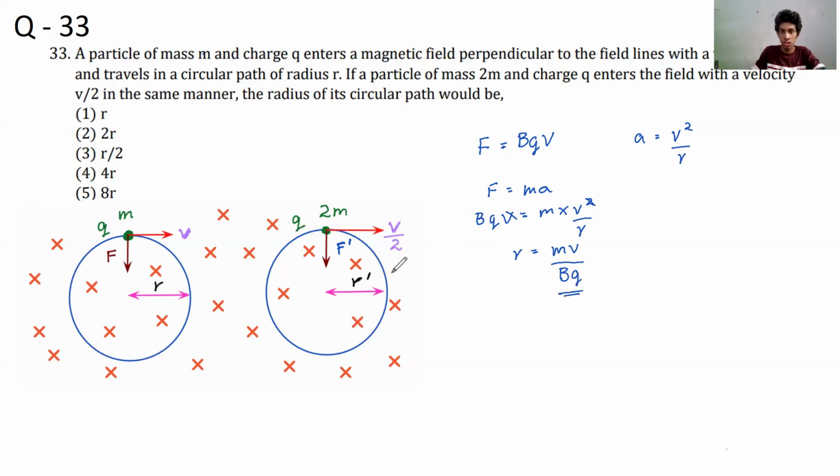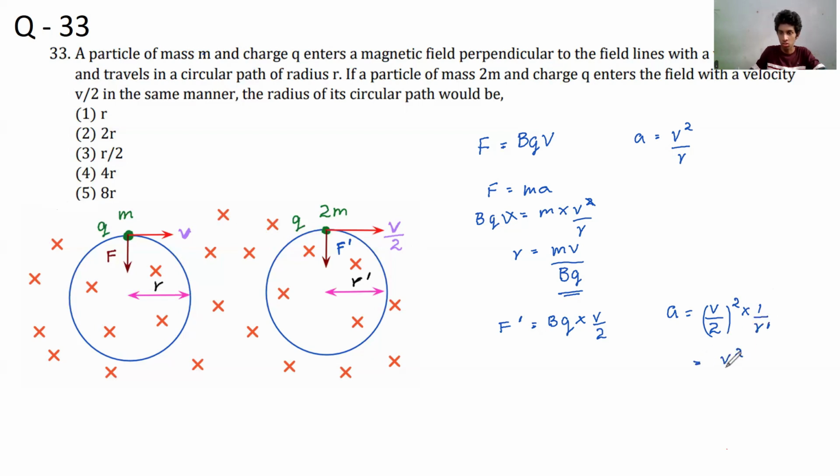So similarly, the centripetal force acting on the mass 2m, F dash, is equal to bq into v over 2, as the velocity is v over 2. And the centripetal acceleration is v over 2 squared into 1 over r dash.